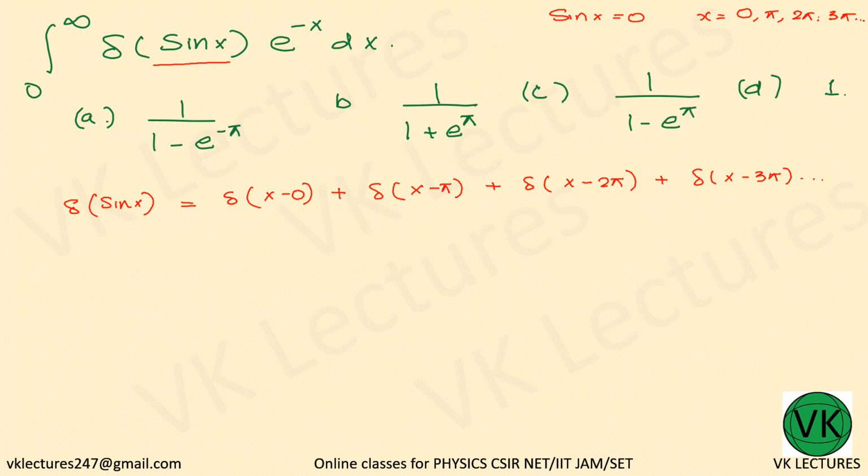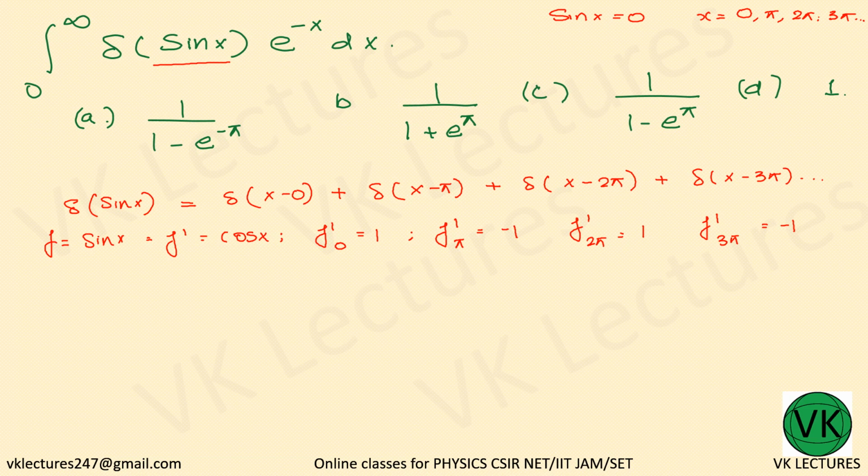Now the function is f equal to sin x, and f dash is equal to cos x. Now I need f dash at x equal to 0 equal to 1, then f dash at pi equal to minus 1, f dash at 2 pi is 1, f dash at 3 pi equal to minus 1, right?